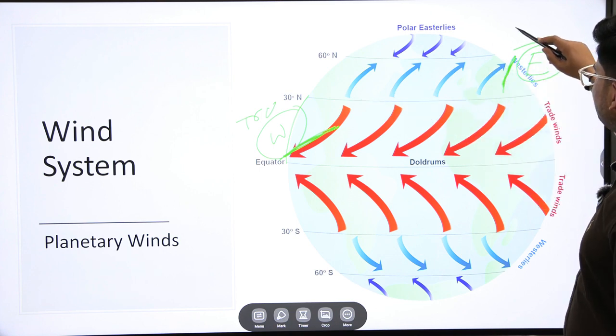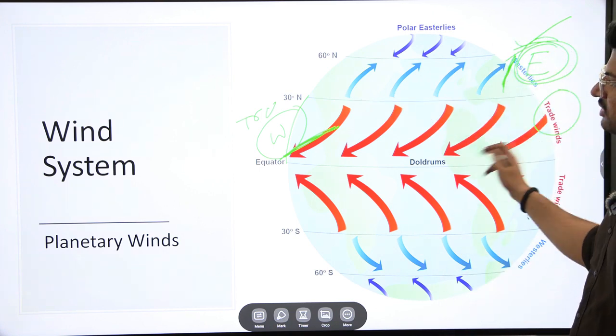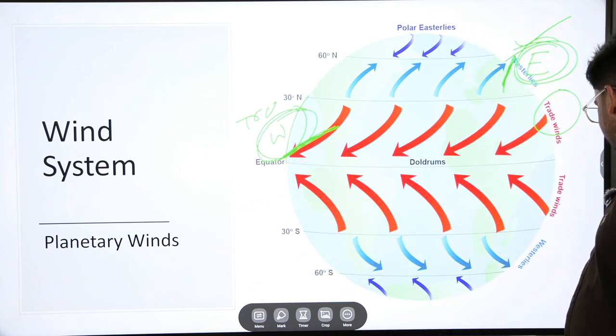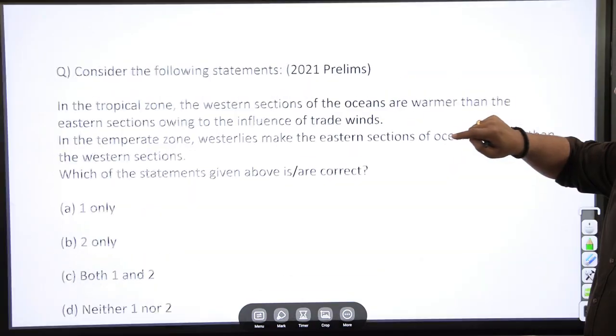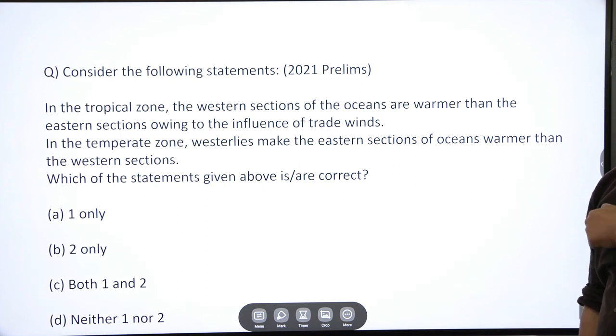So westerlies are pushing hot water towards east, and easterlies are pushing hot water towards west. So both the statements are correct. In the tropical zone, the western sections of the oceans are warmer. In the temperate zone, which sections are warmer? Eastern sections.